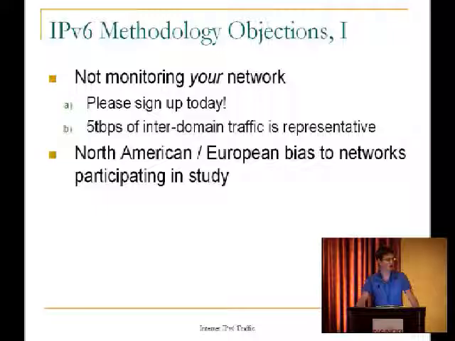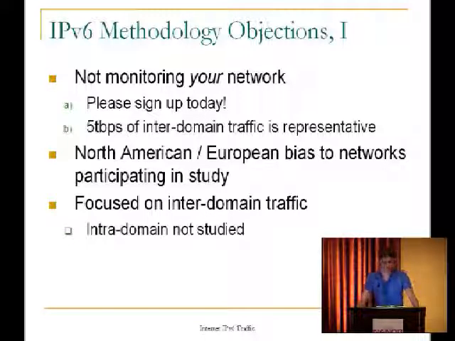Also, on the selection of networks, there's a North American European bias. There was about 1 terabit per second of traffic from Asia, but yes, there was a North American European bias. We also focused on interdomain traffic. Some people have been saying that there is more IPv6 intradomain.